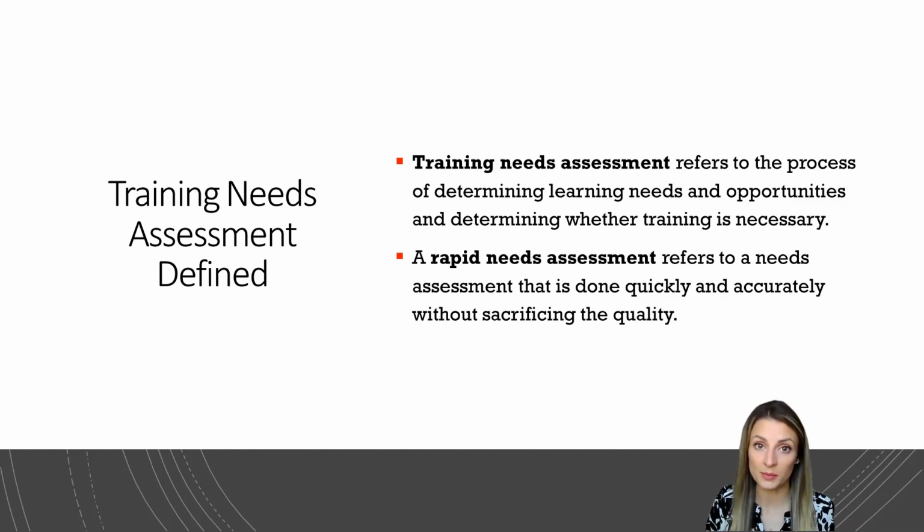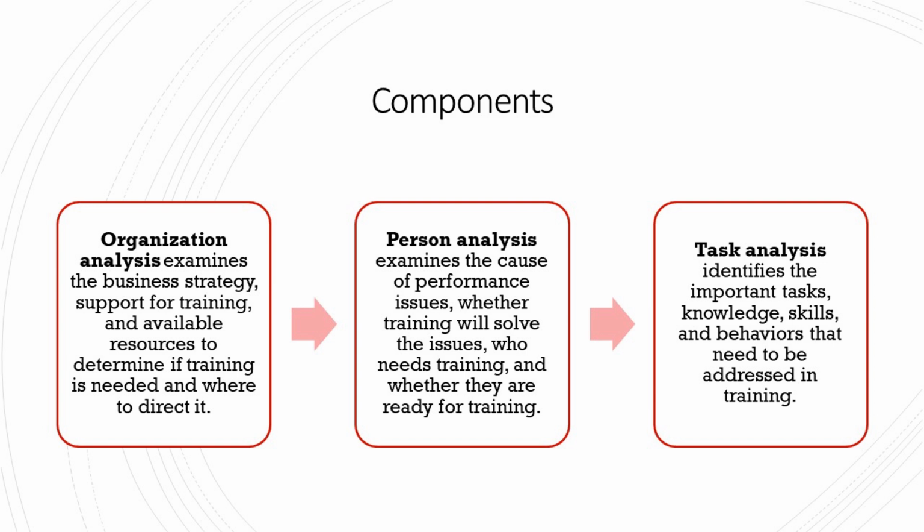Examples of outcomes of a needs assessment include who needs to learn, what they need to learn, and what is the best way to teach them how to do this. The needs assessment process is actually 3 processes in one. It starts with organization analysis, and if training is necessary, continues with person analysis and task analysis.